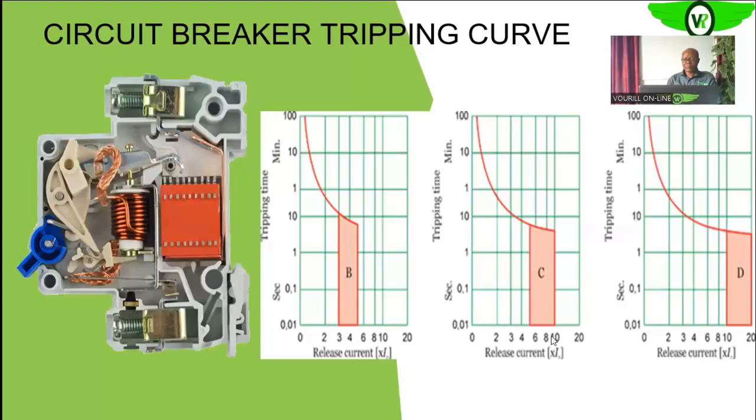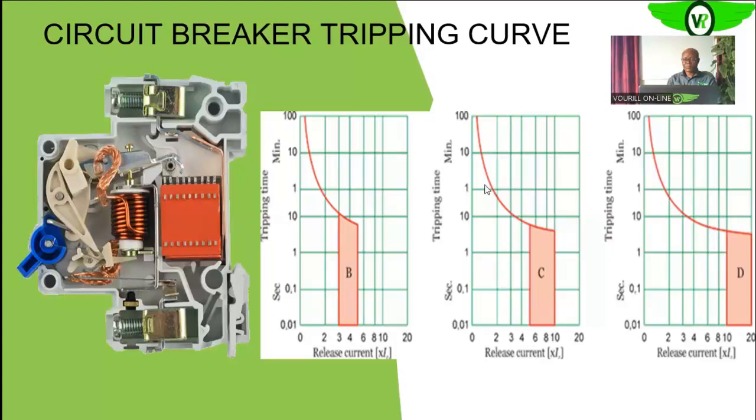Then again, if you protect a circuit that cannot tolerate an overload of up to 4 times the rated current, say a cable, or an equipment that cannot withstand more than 4 times its rated current, you'll see that if you use a C breaker, at 4 times this breaker will not trip. It means that equipment will be damaged before the breaker will even think of tripping at all.